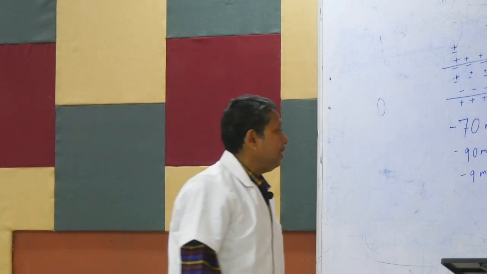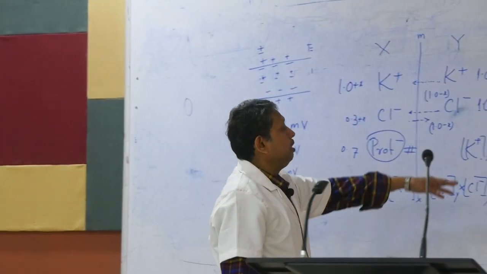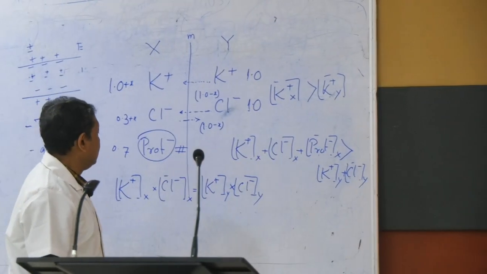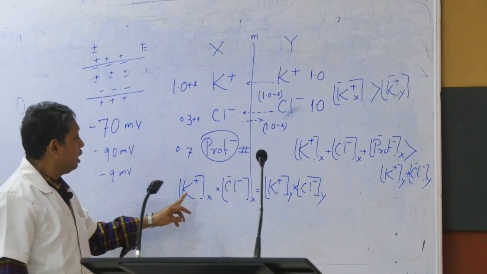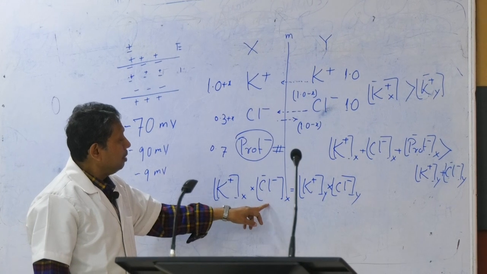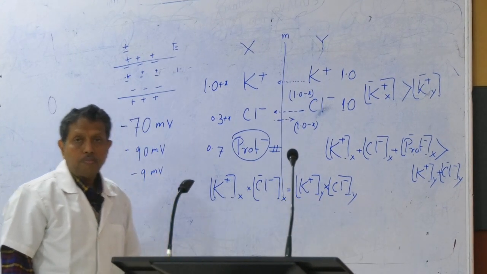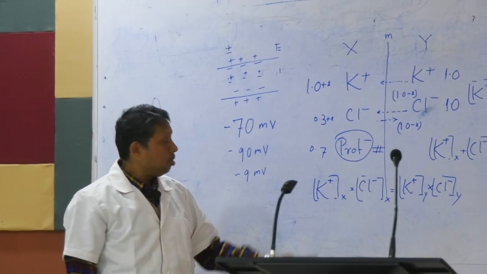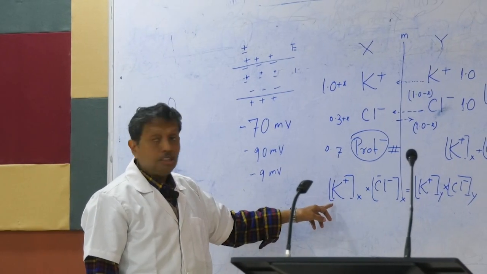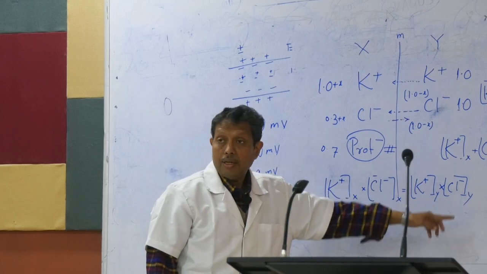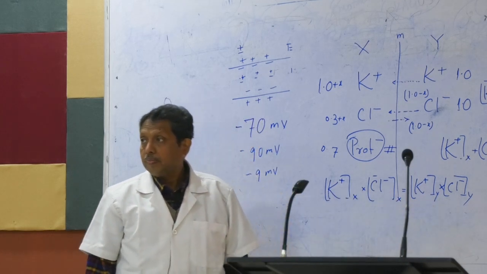Then you find that even if you ignore the protein, this sum is greater than the other sum, because they are unequal in this case, whereas the other two are equal.